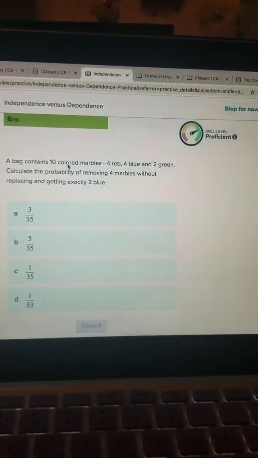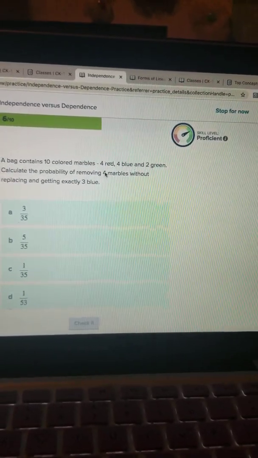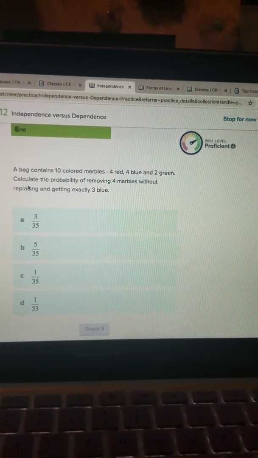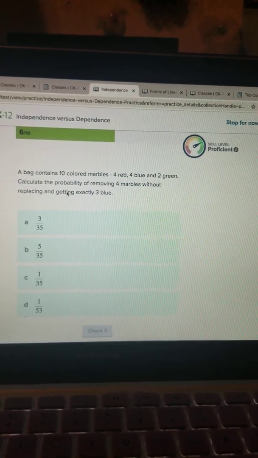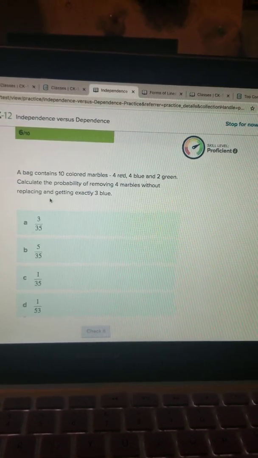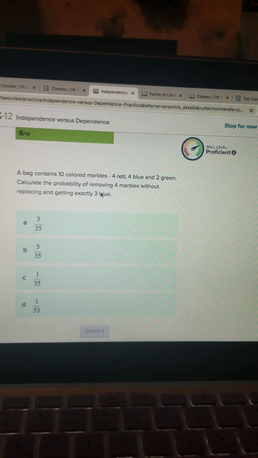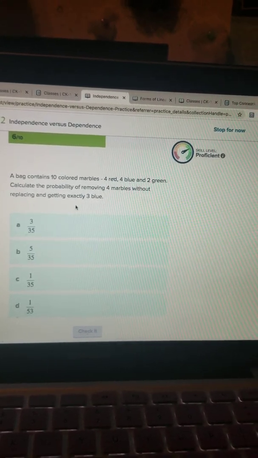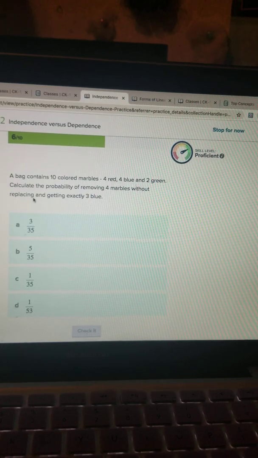All right, a bag contains 10 marbles. Probability of removing 4 marbles without replacing. Removing them, that's dependent. And getting exactly 3 blue. All right, 10 marbles, removing 4 without replacing.